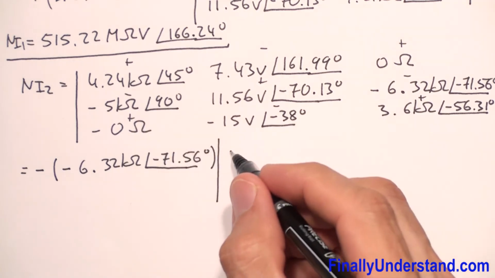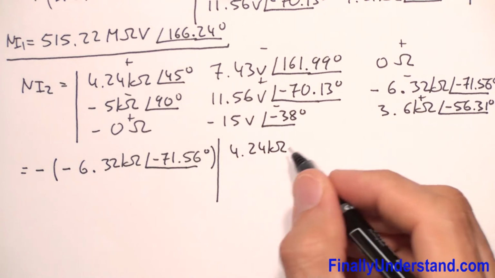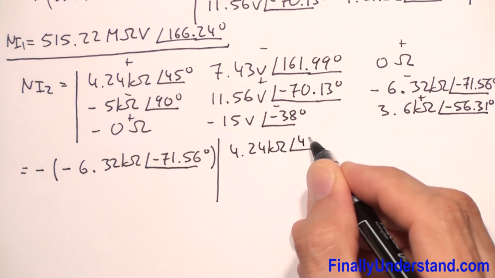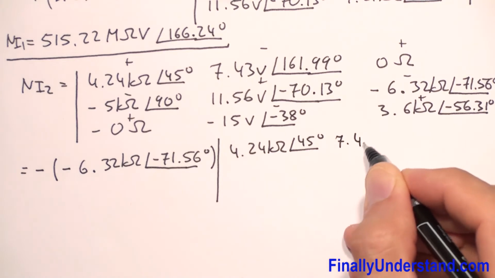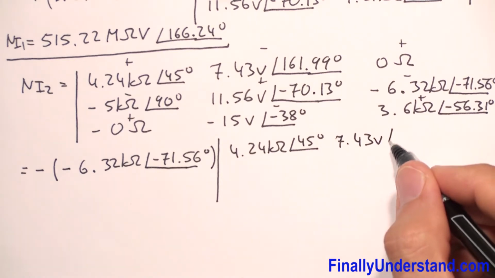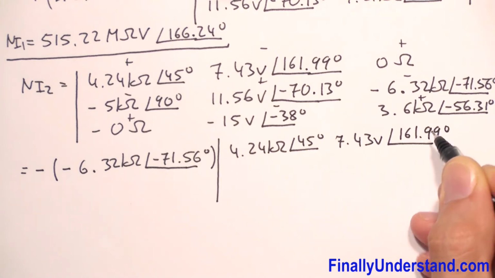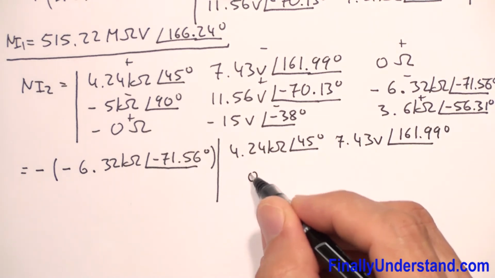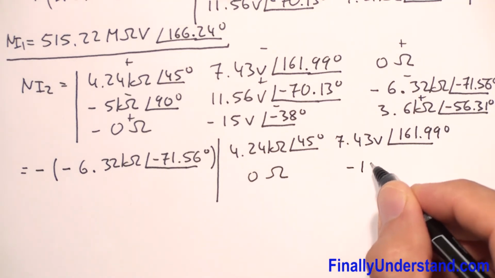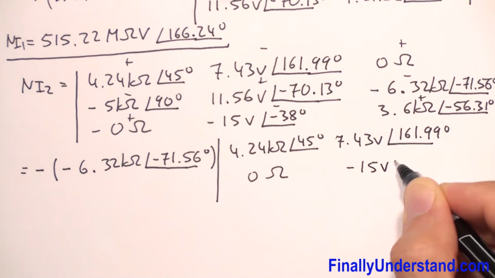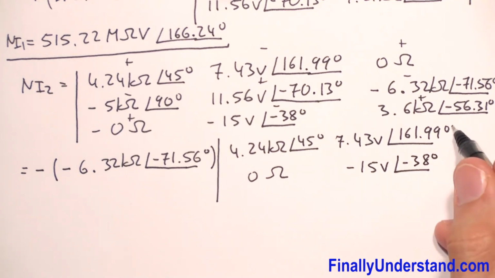That's why I'm going to write over here 4.24 kilo ohms, an angle of 45 degrees, and I have 7.43 volts, an angle of 161.99 degrees, and I have 0 ohms, and I have negative 15 volts and angle of negative 38 degrees.